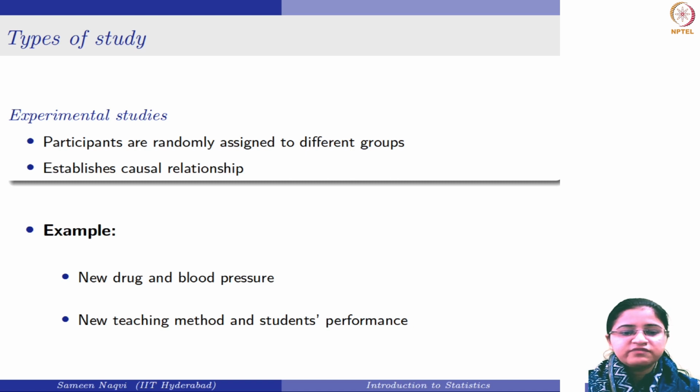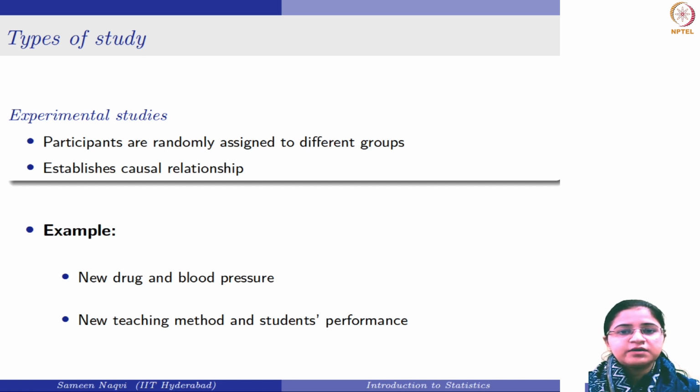To one group they will assign the traditional teaching method, and to the other group they can assign, suppose, online tutorials. Then at the end they will again conduct an exam and see what is the impact of the teaching method on the students. Initially also they will conduct one exam so that they know the baseline performance of the students, and at the end of the study also they will conduct it.